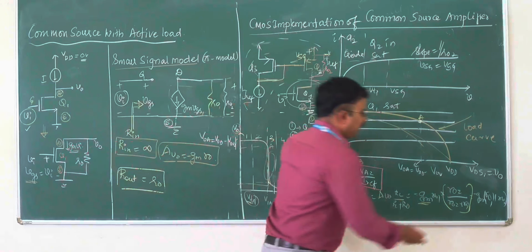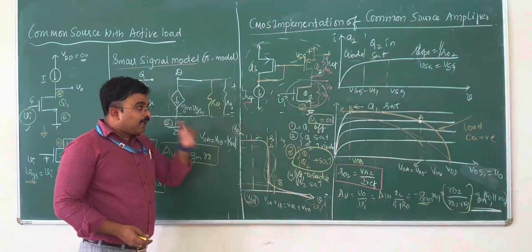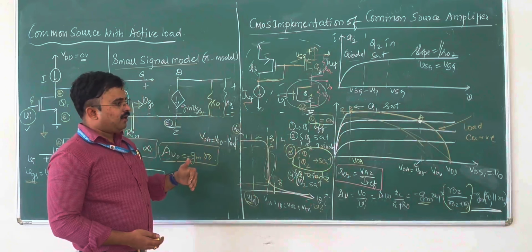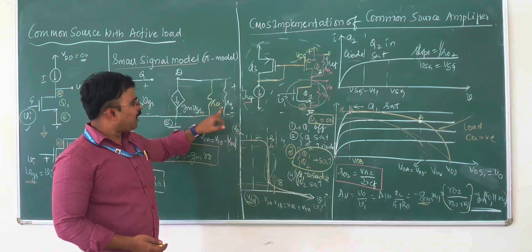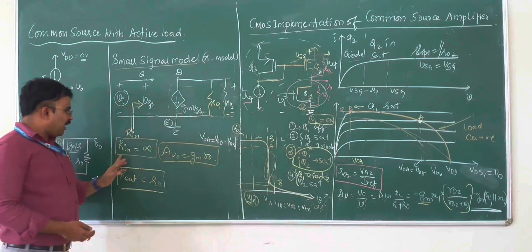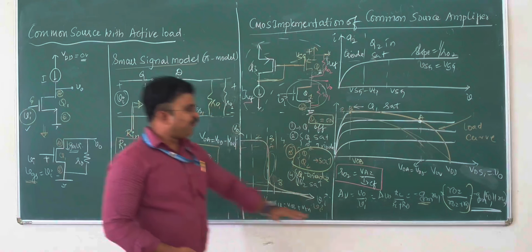This indicates that the gain is getting reduced by a factor. What is that factor? When R01 and R02 are equal, the gain which was minus GM R0 reduces by 50%.